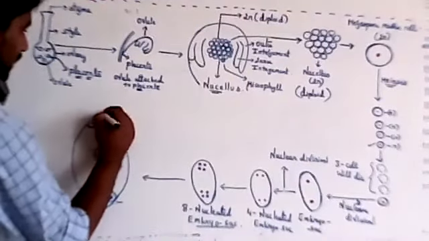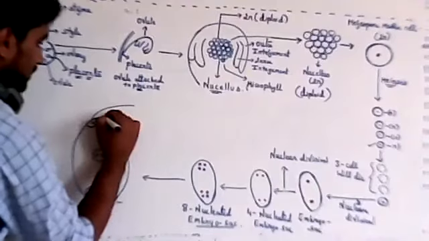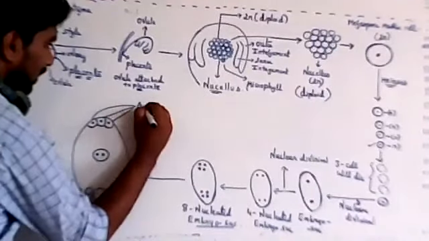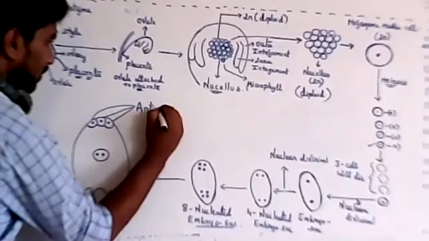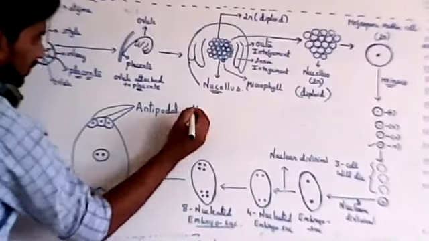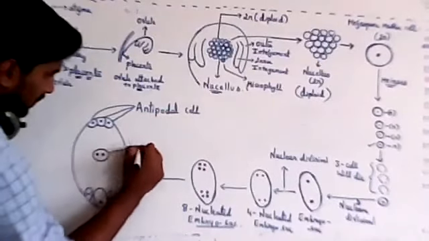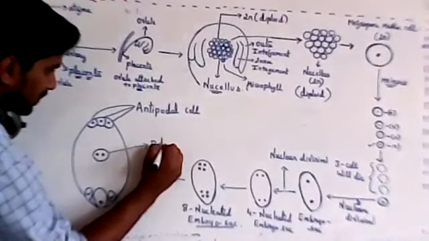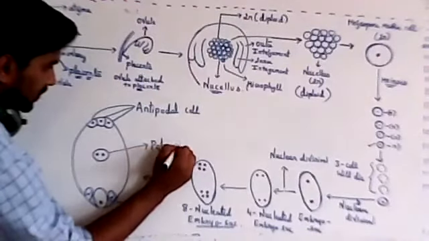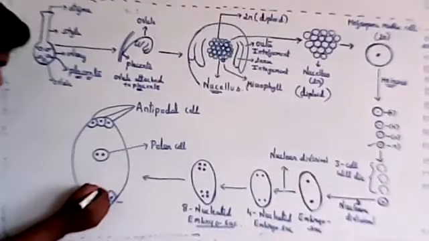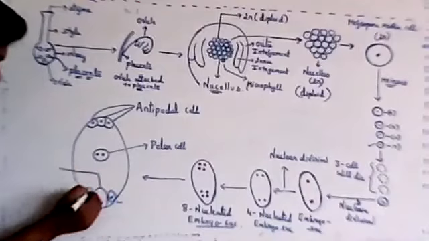Now these 3 cells are called antipodal cells. The one present at the center is called the polar cell. Then at the other end, 3 cells are present.